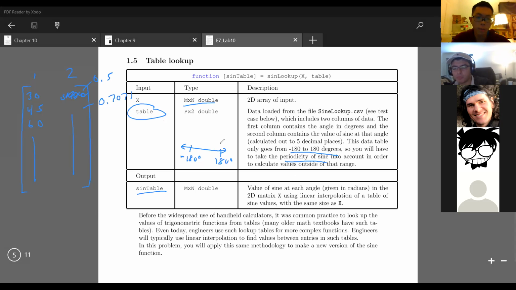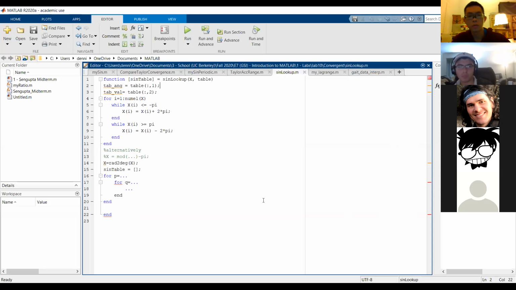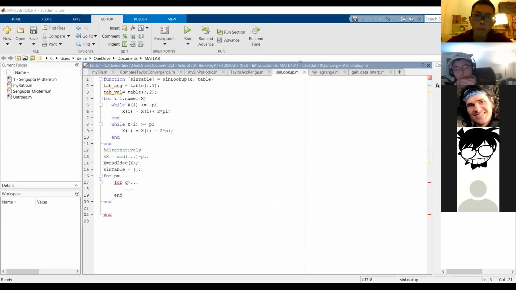All right, let's go back to the MATLAB, shall we? And clear this. Let's go to new share, MATLAB. Okay, angles and values. These are nothing more than the columns we were shown earlier, column 1, column 2.